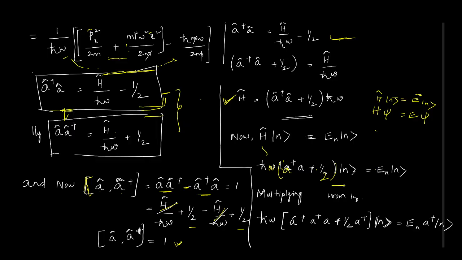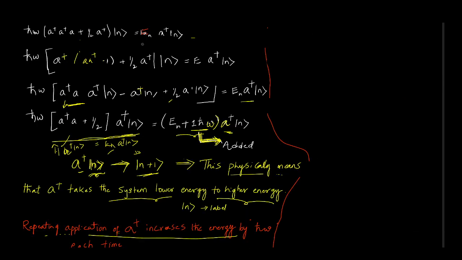So now this is h psi is equal to E psi. If you multiply a dagger from the left to this equation, what happens? You are getting this term h cross omega a dagger a plus half a dagger ket is equal to E a dagger ket. Just we have multiplied a dagger to this equation. So what happens in the next step?